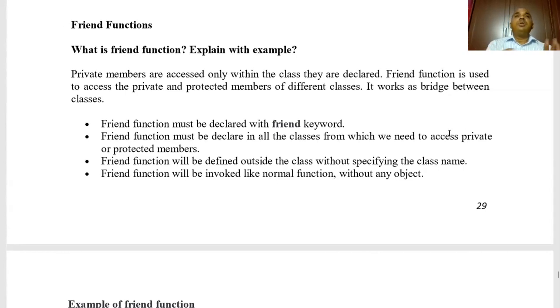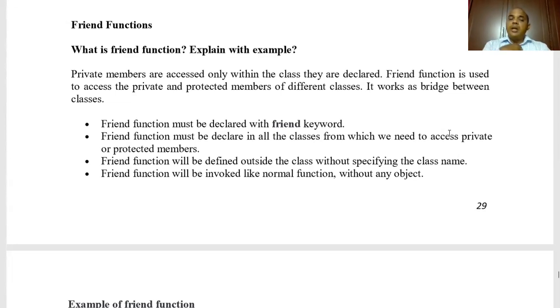We should use the friend keyword. So how to define a friend keyword? Then how to access the friend functions in classes, and how to access the friend classes from another classes. Clear? So we need to discuss these two topics. It is possible to grant a non-member function access to the private members of a class by using a friend function.